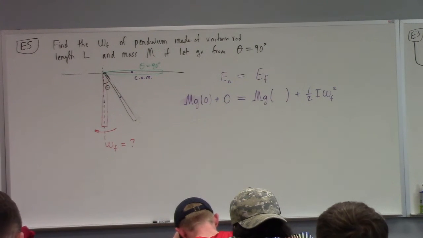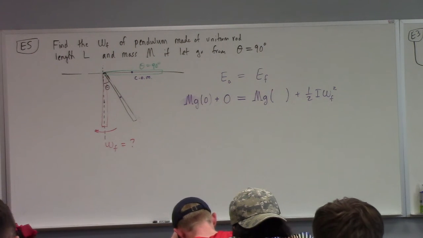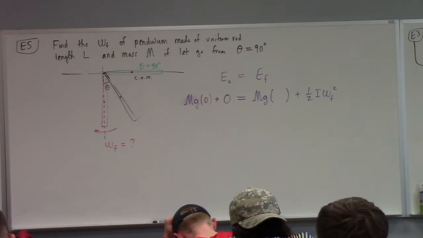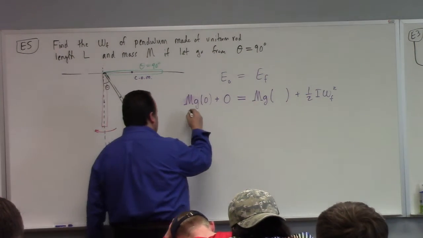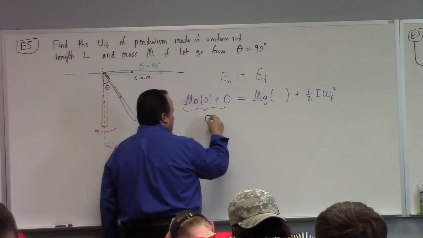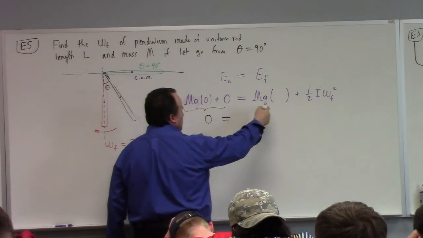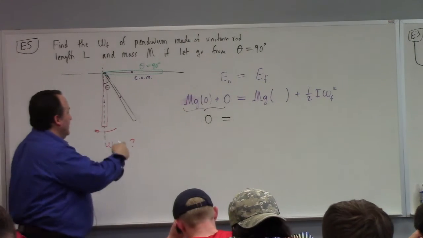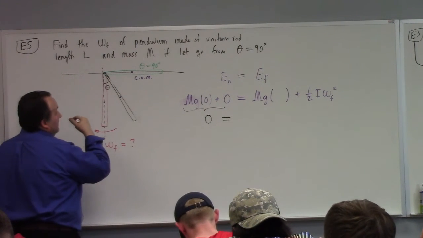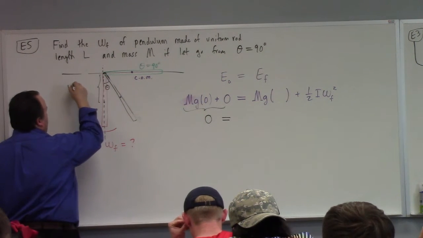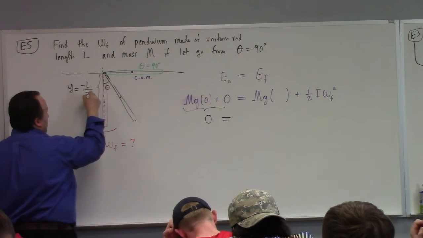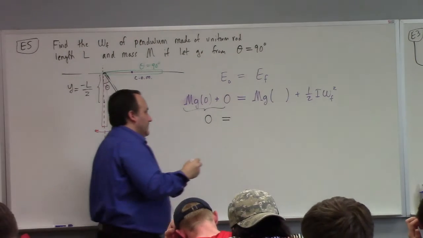So then what? In other words, the total energy is 0. And what's y here for the center of mass? L, yeah, exactly. y is equal to minus L over 2, right?